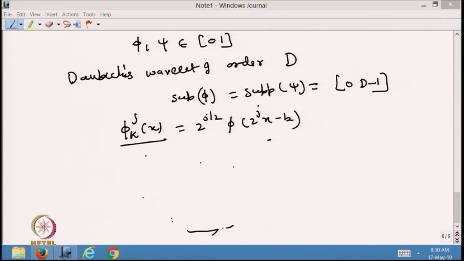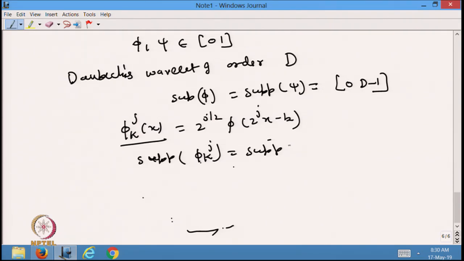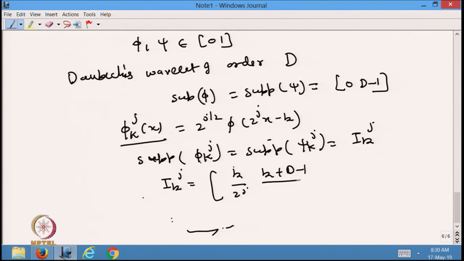The support of this function you could define this way: it will be I_kj, where I_kj is basically k over 2^j to (k plus D minus 1) over 2^j. So, this will be the support of phi_kj and psi_kj if the support of phi and psi is given by 0 to D minus 1.